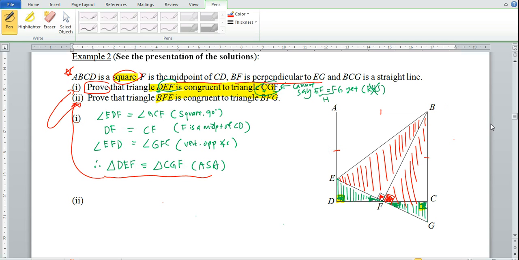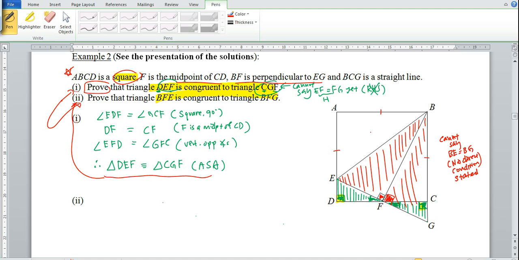Directly, it is not given. I cannot say BE equals BG because there is no direct condition or clue stated. So there's no way to infer.